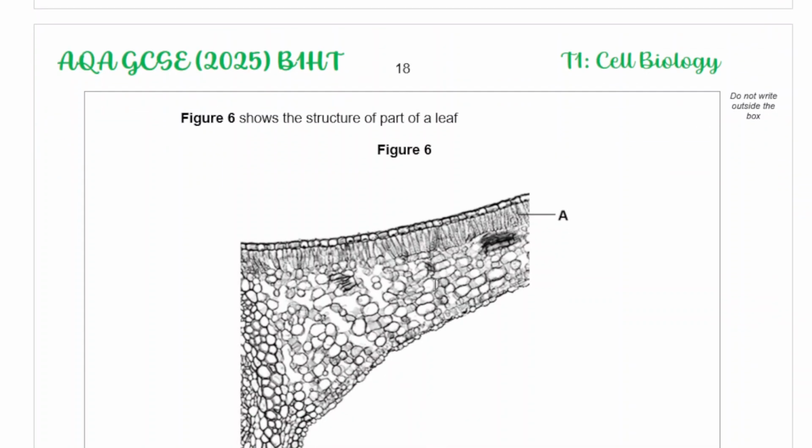Figure 6 shows the structure of part of a leaf. So the top layer that you see here is the upper epidermis. Which means these individual cells that you see here are the palisade layer.